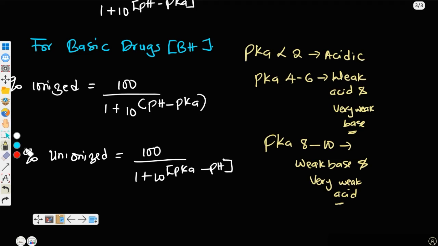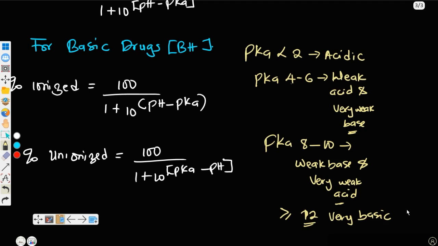Now, all those that have pKa greater than 12 are very basic. Are you getting it now? No acidic property. Now, the general rule of thumb is that as the pKa increases, basicity increases. Are you getting it now? So the higher the pKa, the more basic a drug is.